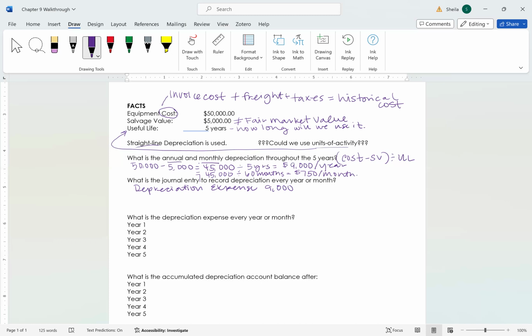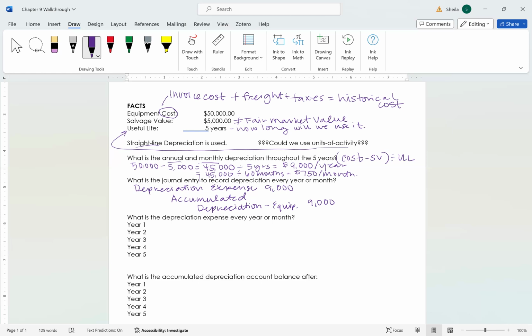We never record depreciation to our asset. We're always going to use a contra asset called accumulated depreciation. And we're going to associate that with whatever account the asset's associated with. So in this case, it would be equipment. And our credit goes to accumulated depreciation.